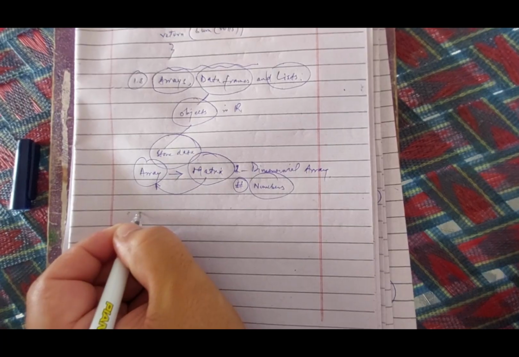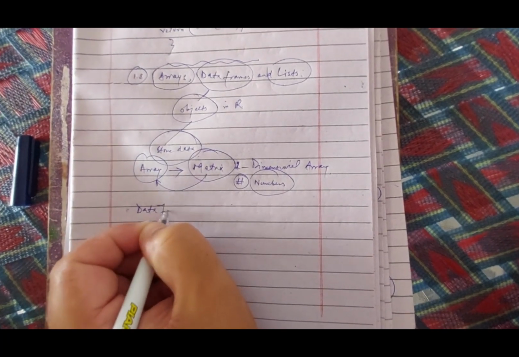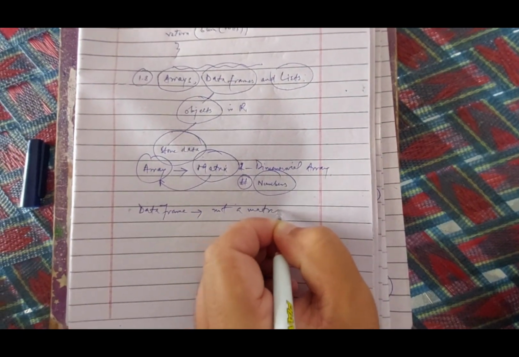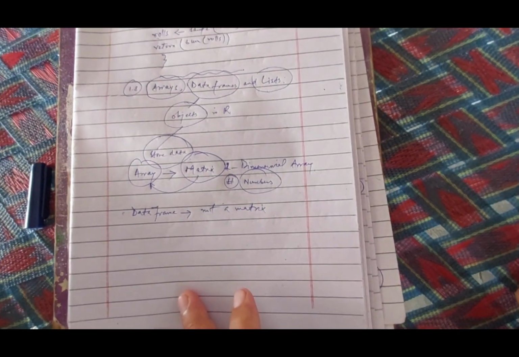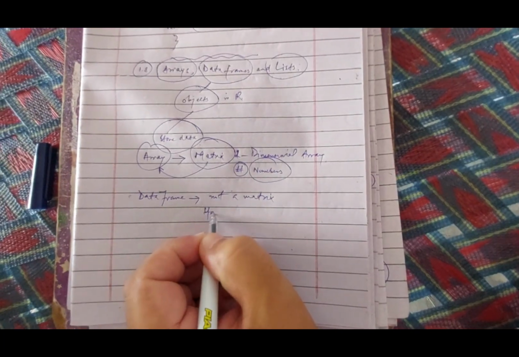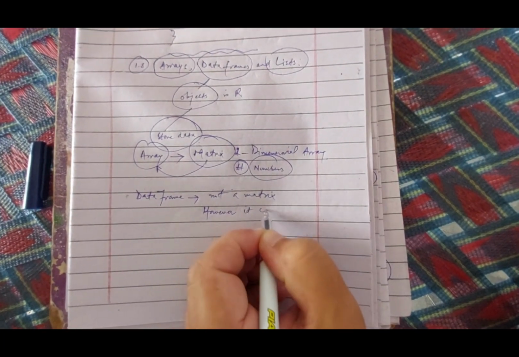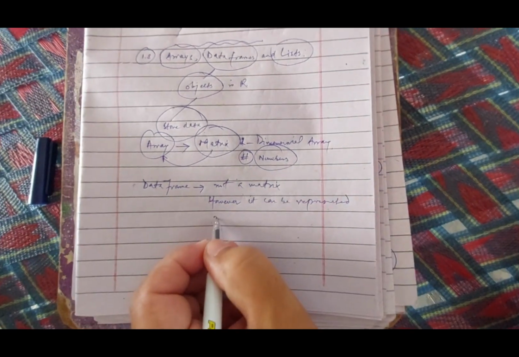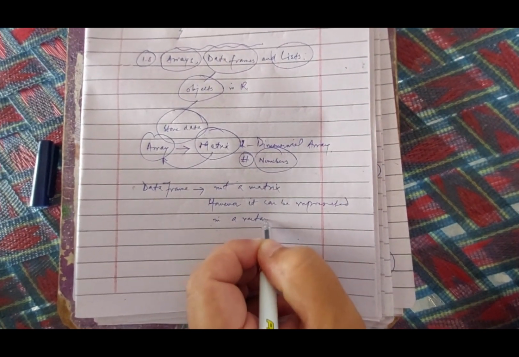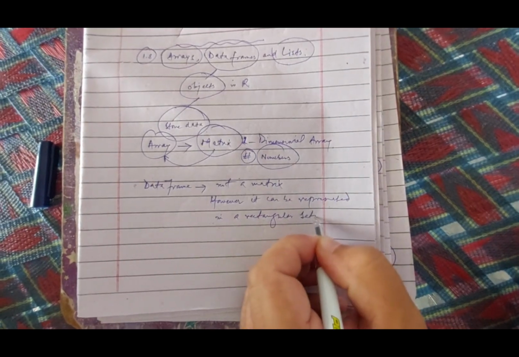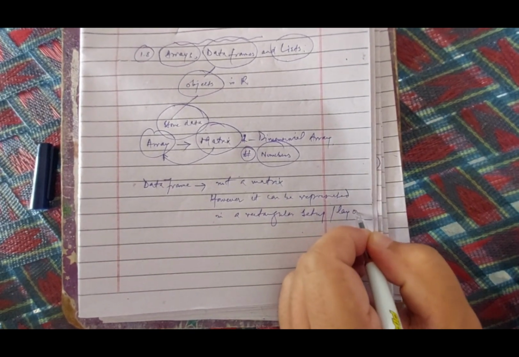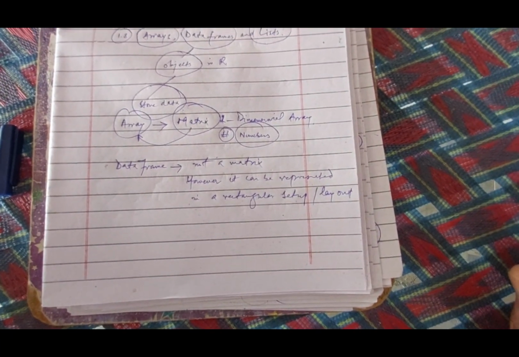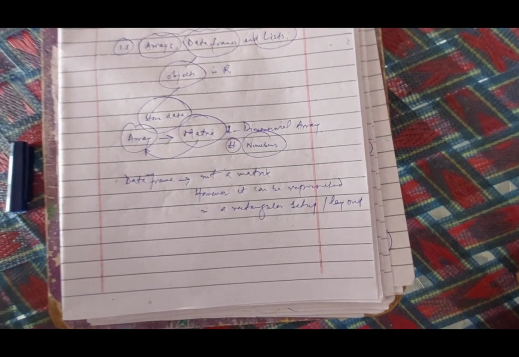So a data frame, on the contrary, is not a matrix. However, it can be represented in a rectangular setup or layout, but it's not a matrix. Why is it not a matrix?